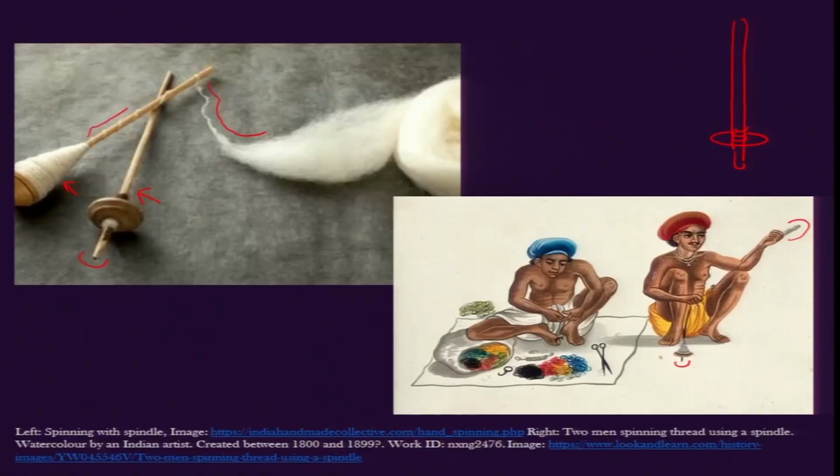Through this process the fibers are twisted, which binds them into the thread. So if we think about twisting in this way, this is how the fiber formations would be done.